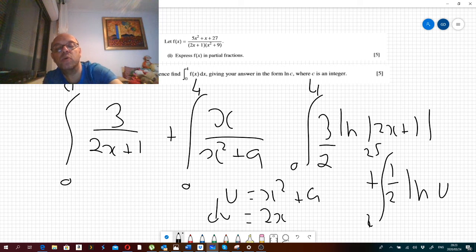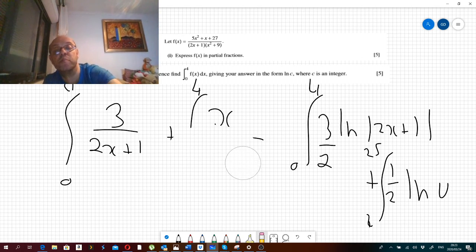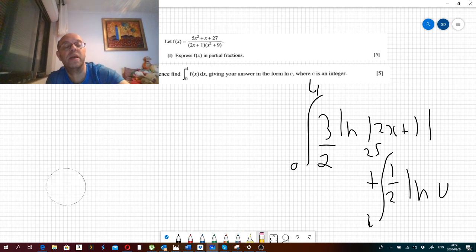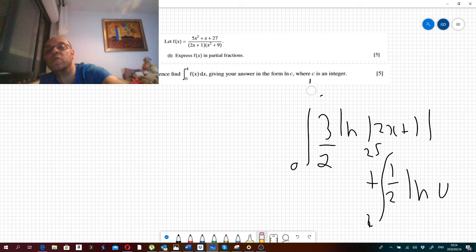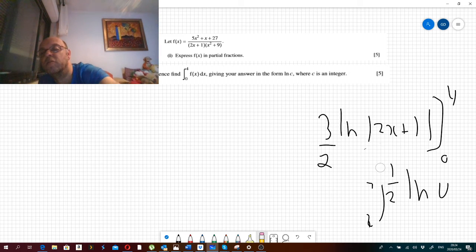It depends on how you want to do that, but just be aware of that u substitution, that you change the numbers, the parameters of the integration, if you leave it as u, okay? And sorry, these are already integrated, so we don't want to integrate again. We're just going to use the values 0 to 4. I'm just going to fill it in this side, and of course here the same thing, 9 to 25.